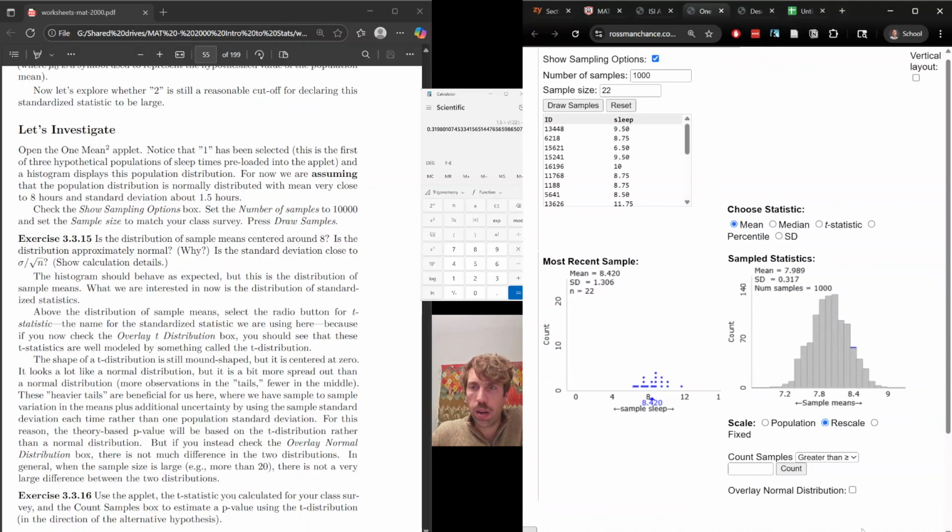My standard deviation over here is 0.317, so basically the same.